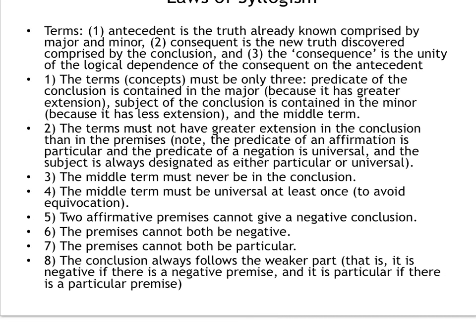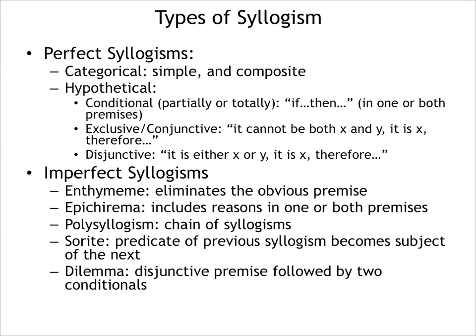If you have a universal affirmative and a universal negative, then the conclusion has to be a universal negative. So there are different laws of syllogism there. The rest I will leave alone.